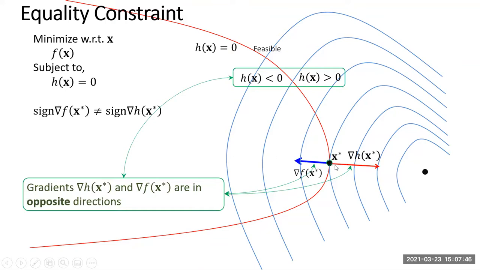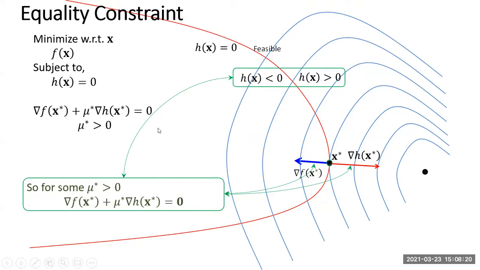Okay. So the gradients of the objective function and the constraint are either in opposite direction or in the same direction. In this case, they're in opposite directions. Okay. Now, since they're in opposite directions, there must be some mu star, okay?